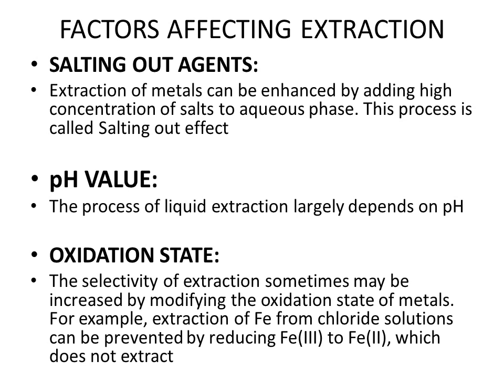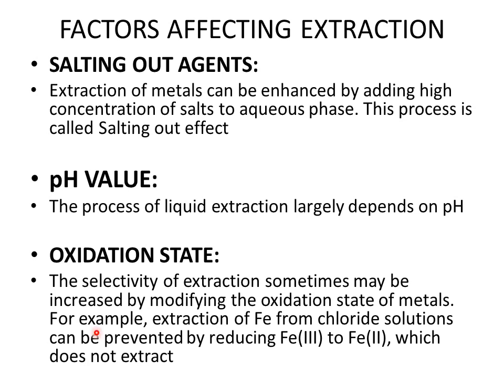Another factor is the oxidation state. The selectivity of extraction may sometimes be increased by modifying the oxidation state of metals. If we modify the oxidation state of metals, we can also change the extraction efficiency.